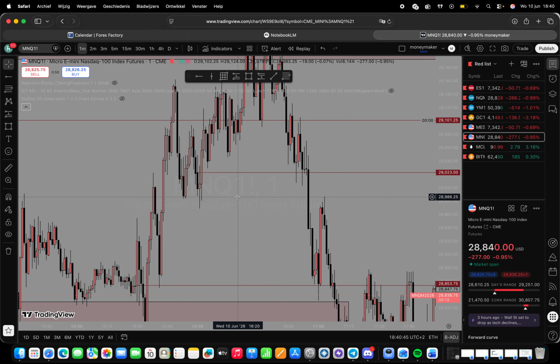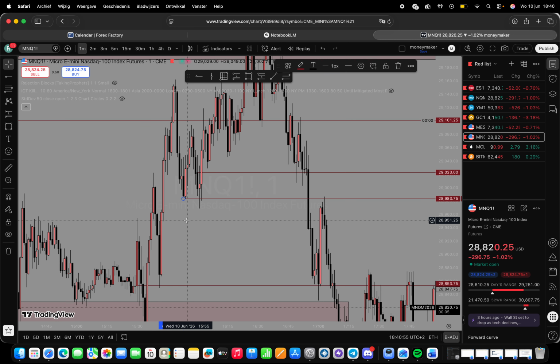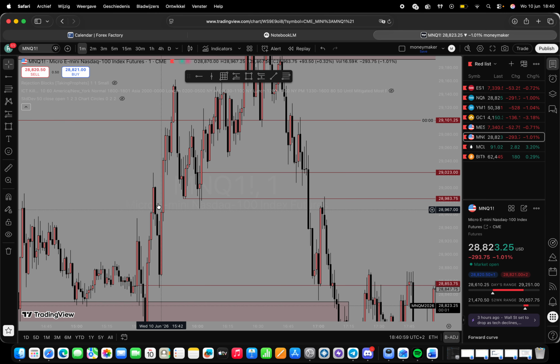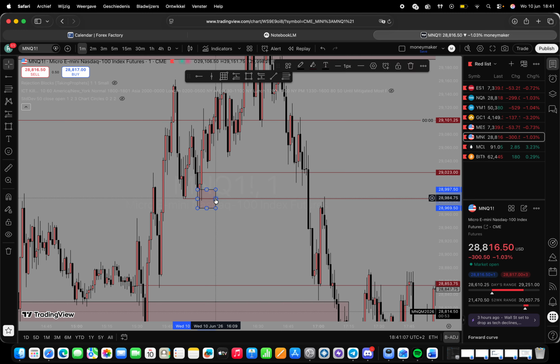So we see right here, we manipulate down in order to make our rejection block. And this is also a very good sign because we've swept out equal lows, internal liquidity, and we also stayed in our fair value gap. So we knew this was gonna be a probably very good rejection block.